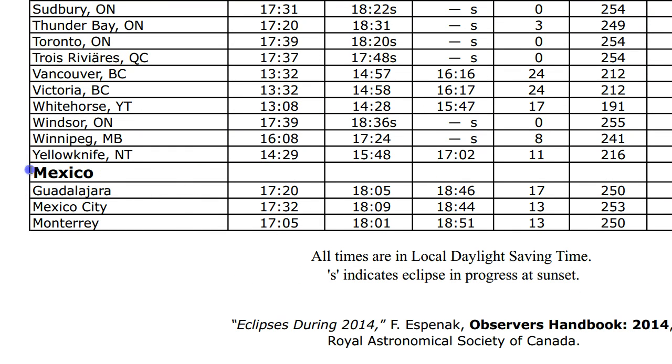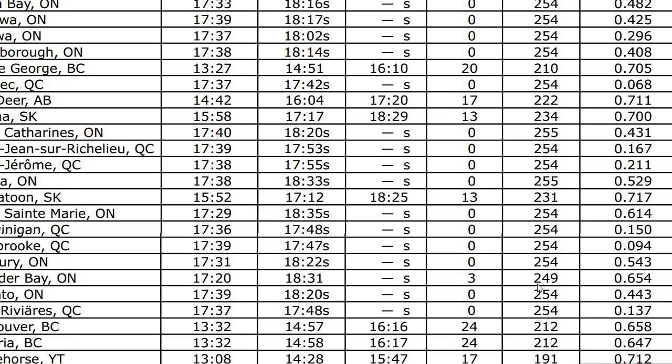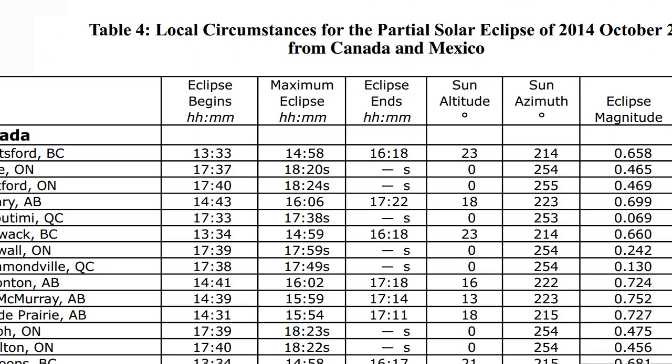I like this. This is a very good thing they did. They marked the 3 principal cities, the main cities of Mexico, which are Guadalajara, Mexico City, and Monterrey, with the times where the eclipse starts and ends. You gotta check this out too. All times are in local daylight saving time. So you just take a look at this, okay?